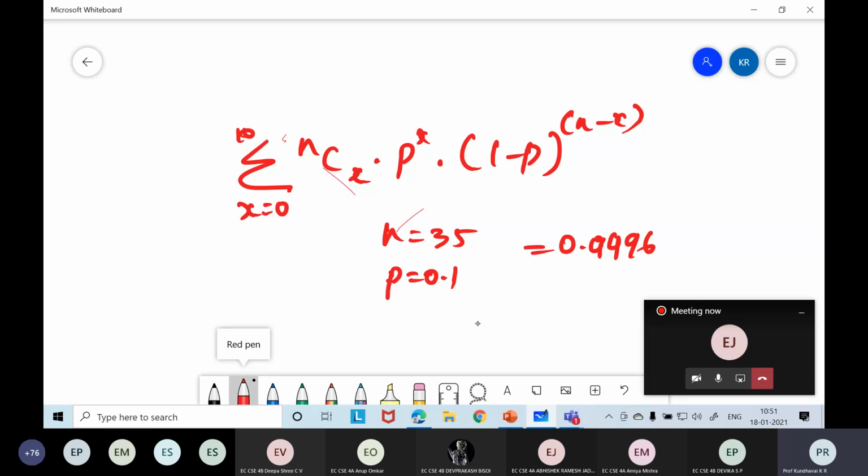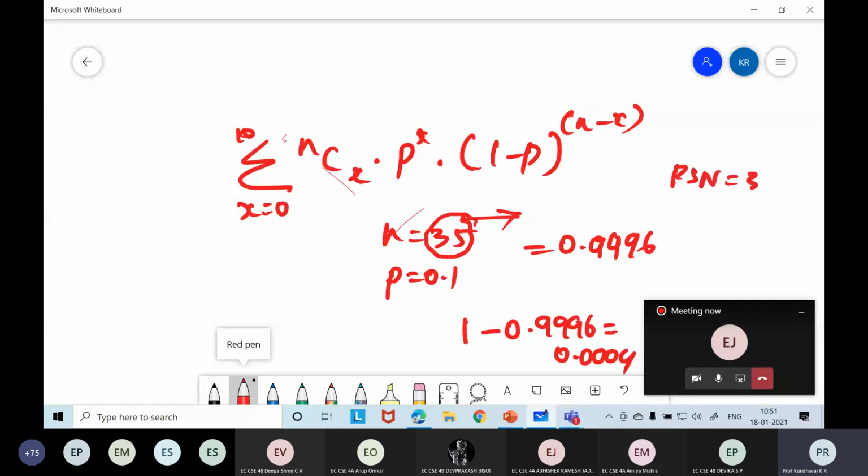If you want to find it for the remaining users, 1 minus 0.9996, which becomes 0.0004. All right. So since we have assumed 35, this holds good for 35 users. So on a PSN, we can have 35 users in the same scenario, whereas on a CSN, we can only have 10, not even the 11th one.